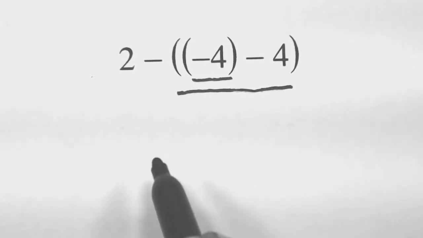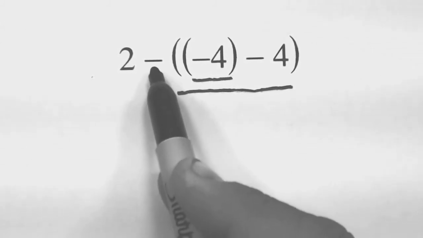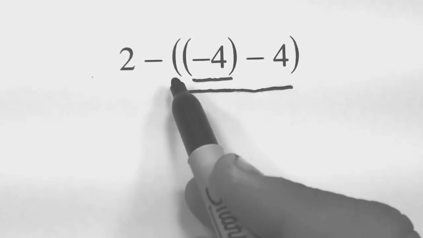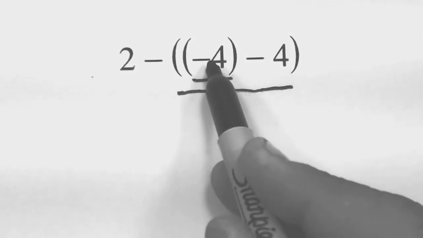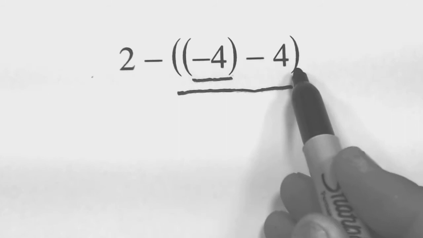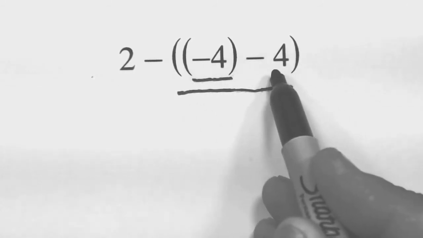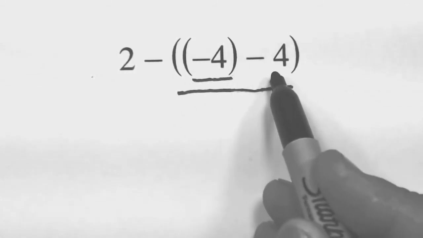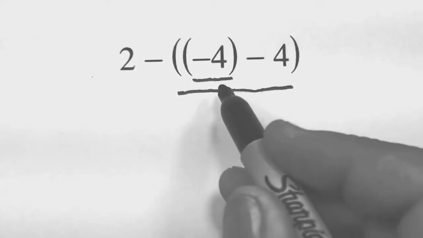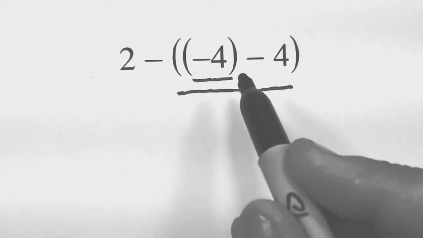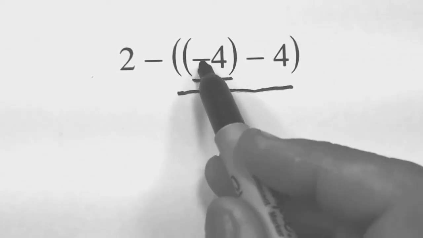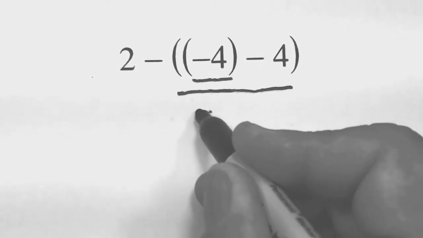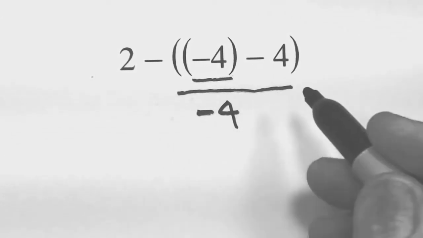Okay, well, let's look at what we have now in this problem. There's a subtract, and then we run into a big set of parens that has something to be done. This is not a single number inside, so we've got to work on this first and get it down to a single number. So, just working on the inside of this, 4 here has just a single minus sign in front of it, so it is just -4.